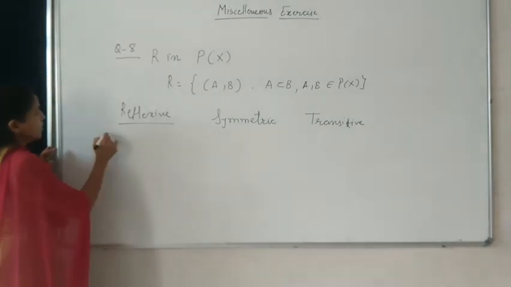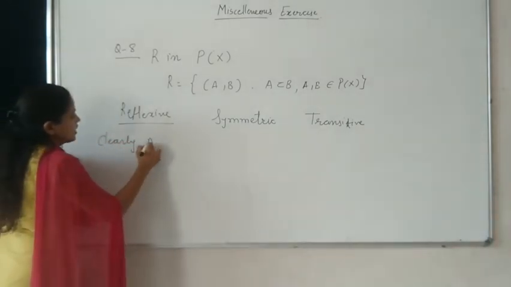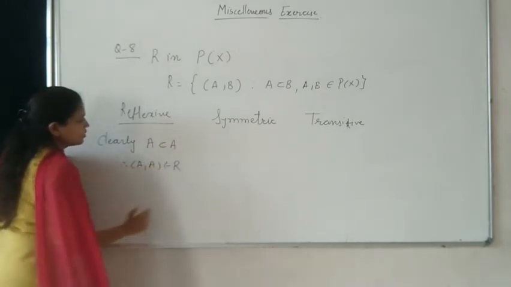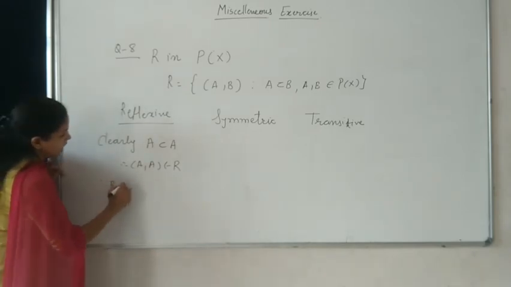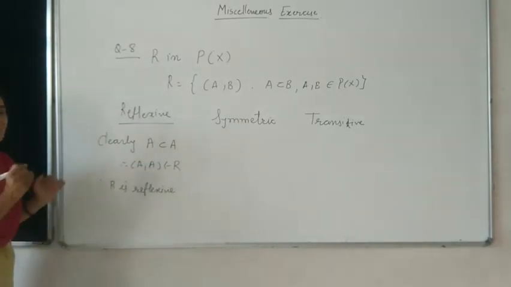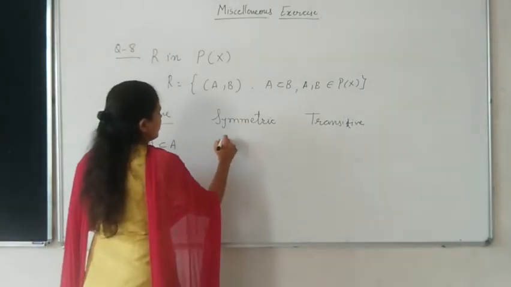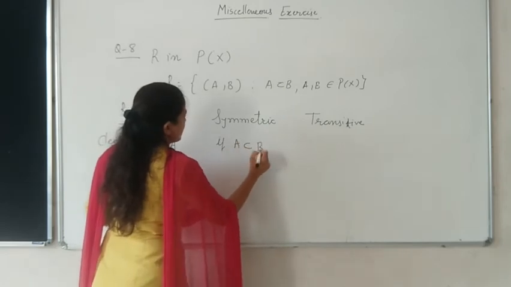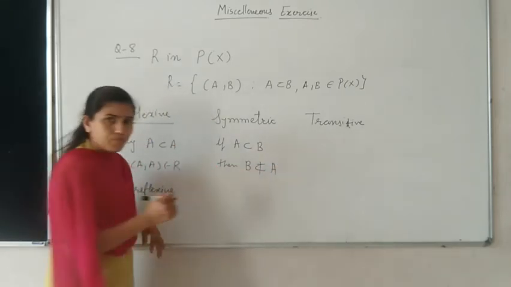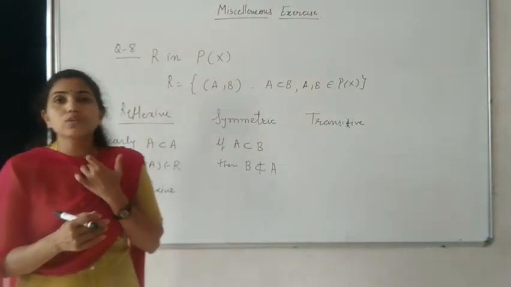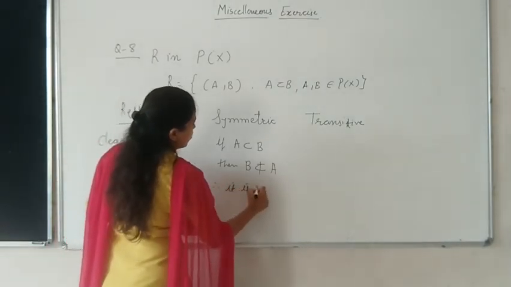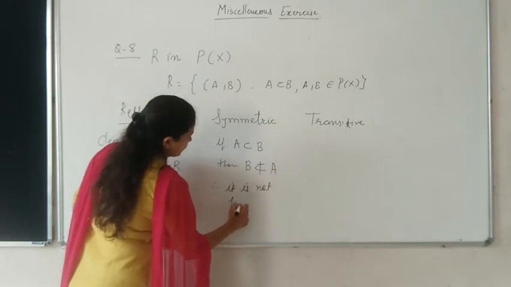So here clearly A is a subset of A, therefore (A, A) belongs to R, and therefore R is reflexive. Symmetric: now, if A is a subset of B, then B cannot be a subset of A. If A is a subset of B, then how can B be a subset of A? It is not. So therefore, it is not symmetric.